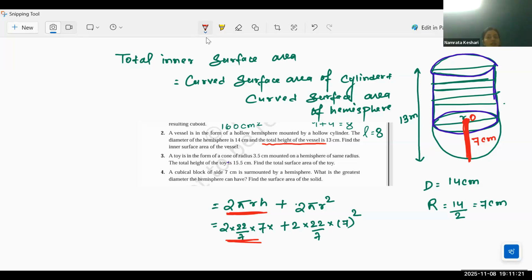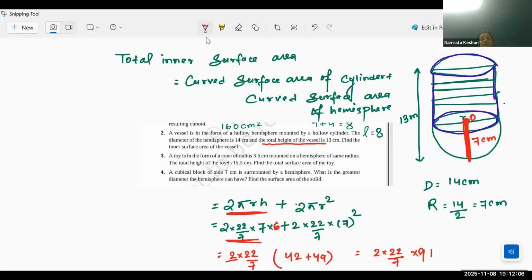So we will be taking 13 minus 7, that is 6. Is it 6? Yeah. Is it clear to all of you? Is it clear so far? You can take 2 into 22 by 7 as common if you want. 6, 7 times 42, 7, 7 times 49. You will end up having 2 into 22 by 7 into the calculation. I understand you will be able to do it, but tell me if the concept is clear or not.